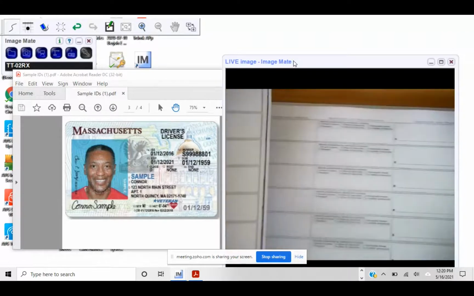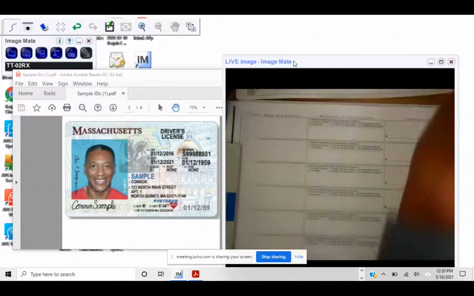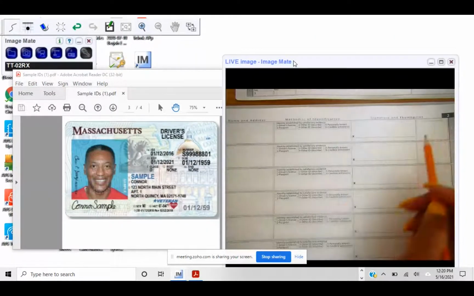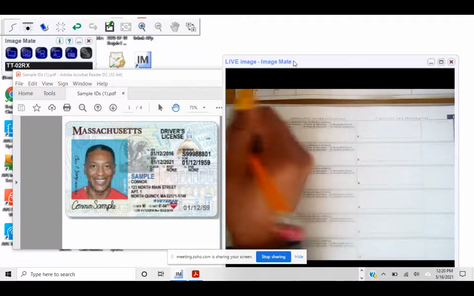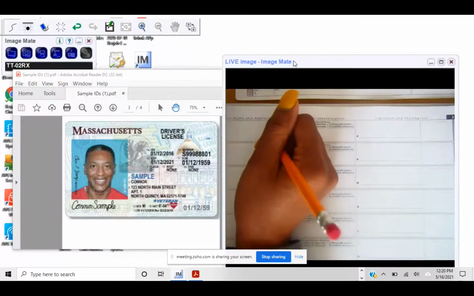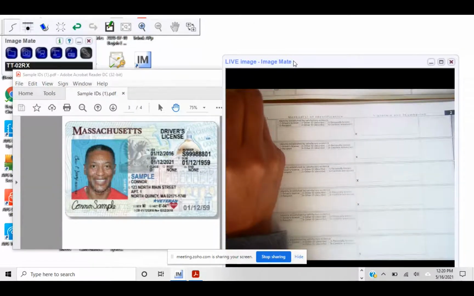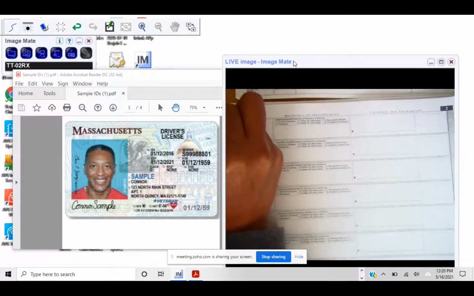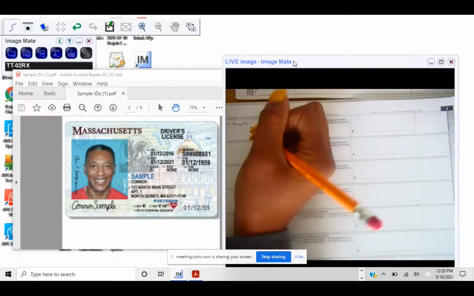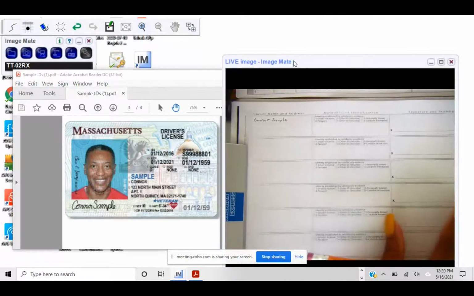Okay. But because I have copies, we're just going to have to go to the second part, and we're going to stay in this first section here because this is the same entry number as the one we were filling out before. Now you're going to put the signer's name and address. Okay. So his name is Connor Sample. Let me move this over.